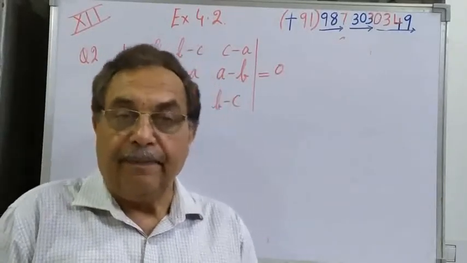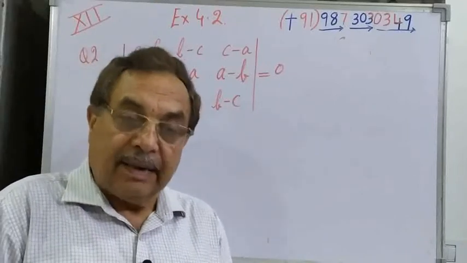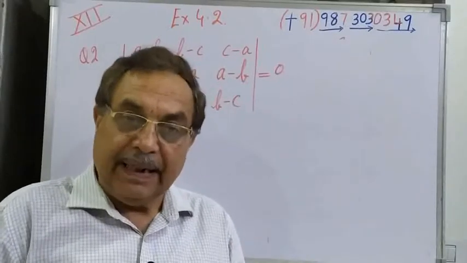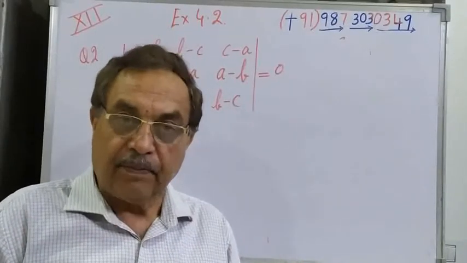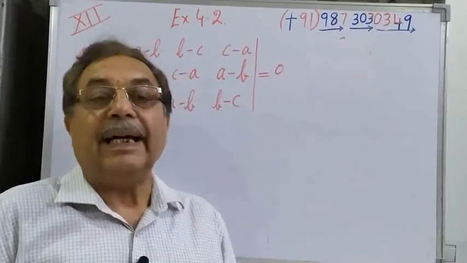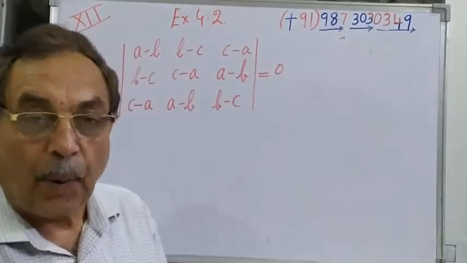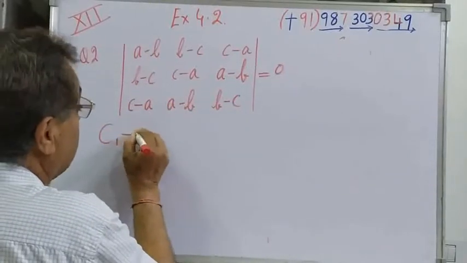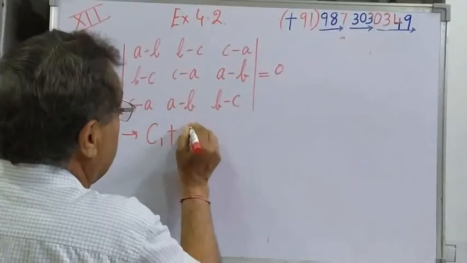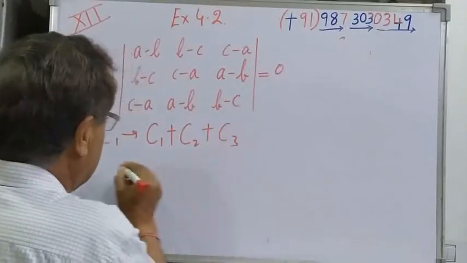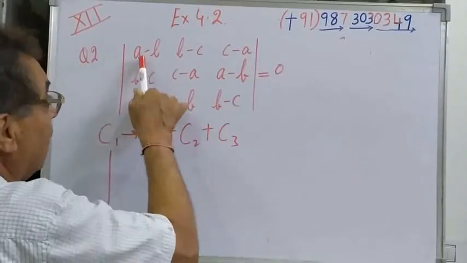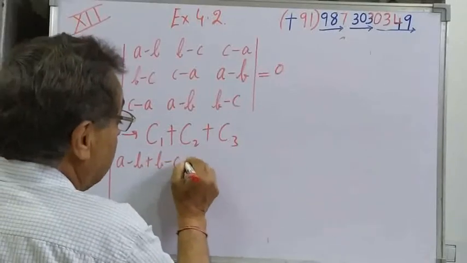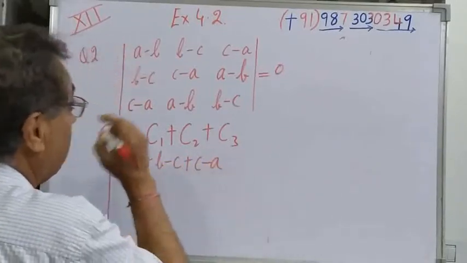One of the properties we have done is that if one of the columns or one of the rows completely contains all zeros, then that determinant also reduces to 0. Now what I observe, if I add these up, if I operate this way, C1 to be written as C1 plus C2 plus C3, what we have is a minus b plus b minus c plus c minus a.